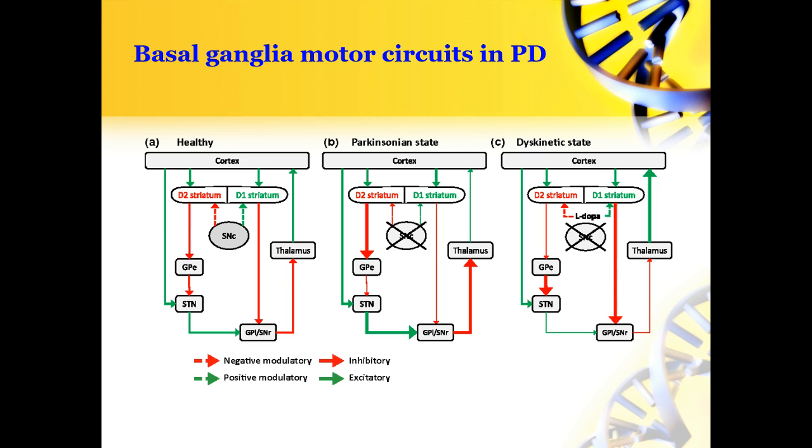This causes dysregulation of GPi output to thalamus, then cortex, resulting in abnormal movement disorder.